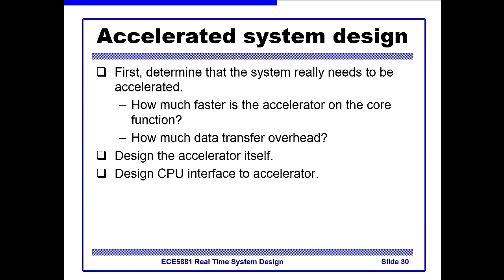So how do we go about the overall design of this? Well, the first thing is, how much faster does the accelerator need to work? And how do you actually measure that? And the other one is, do you have to think about transferring data to the accelerator?